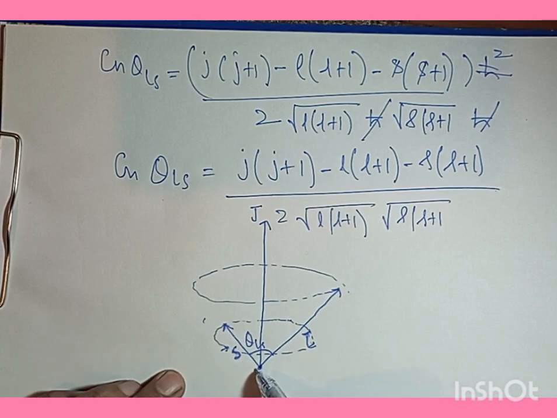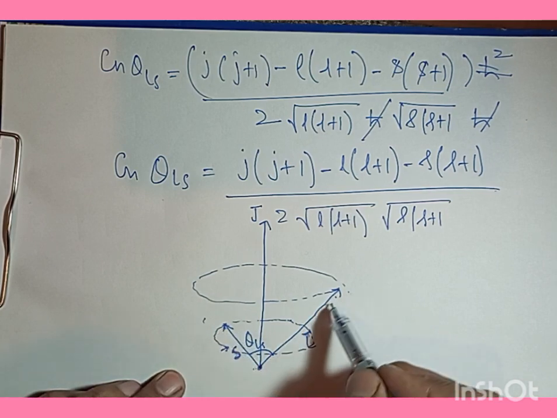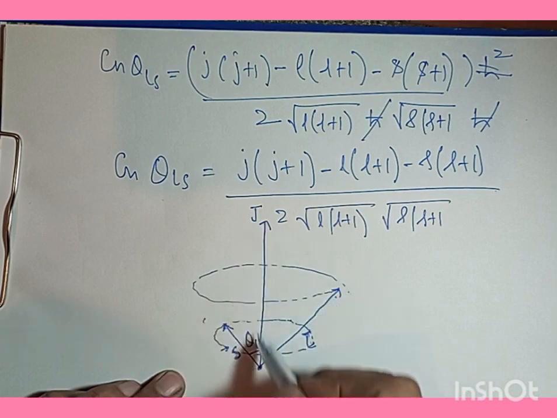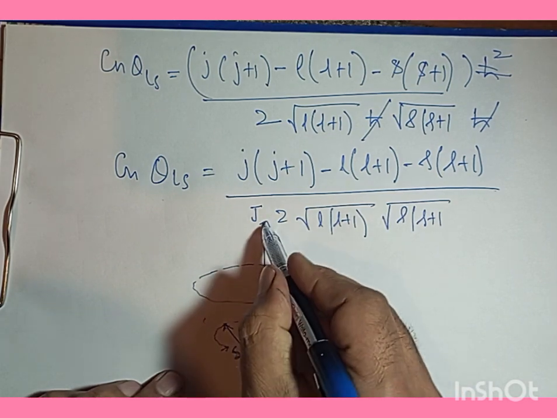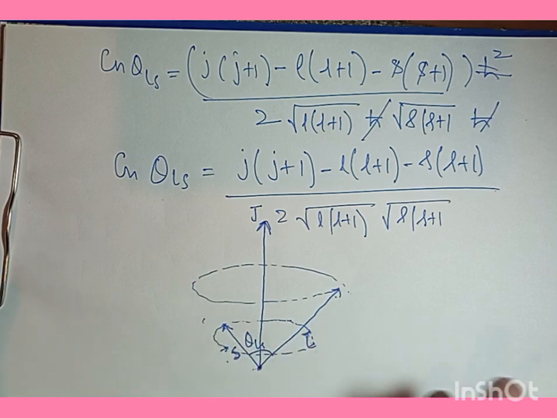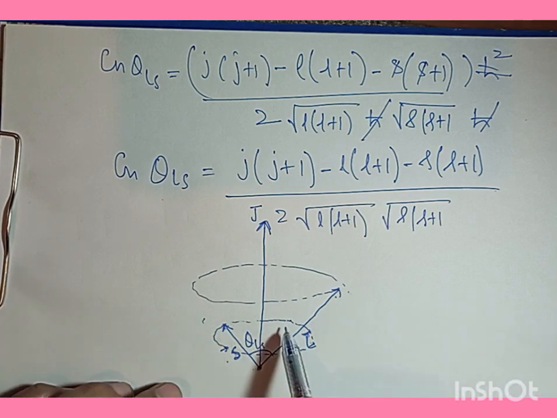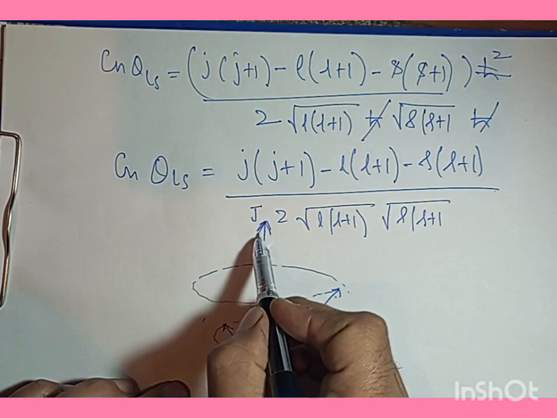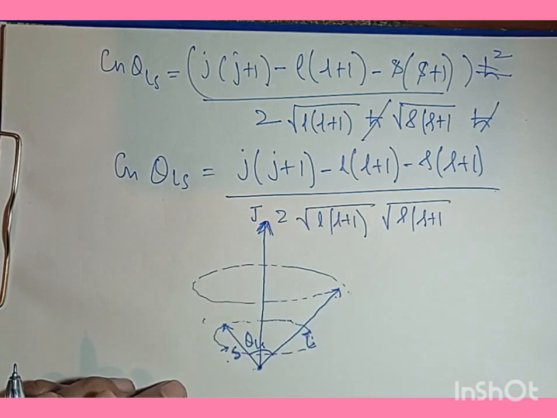Both L and S precess around the total angular momentum J. So this is our spin-orbit interaction. L and S interact vectorially, and they precess around the total angular momentum J.